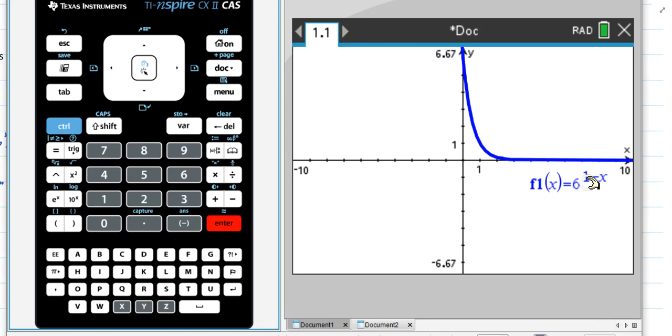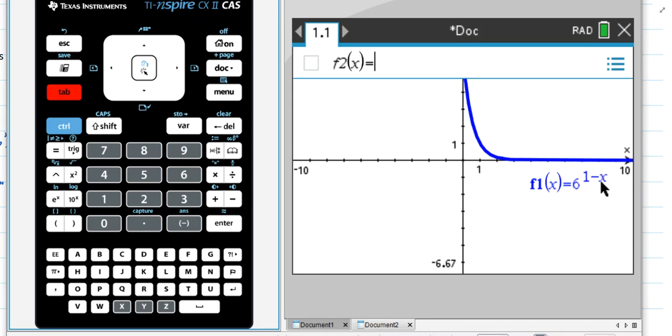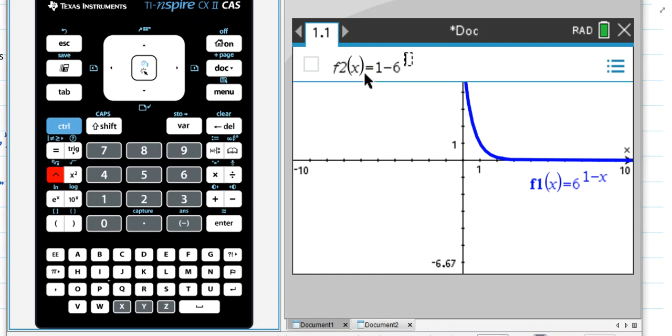In this particular case, I drew the equation 6 to the 1 minus x power here on the graph. And if you're using the TI Inspire, you can press the Tab key and you can enter another expression. And this last example was 1 minus 6 to the x power.